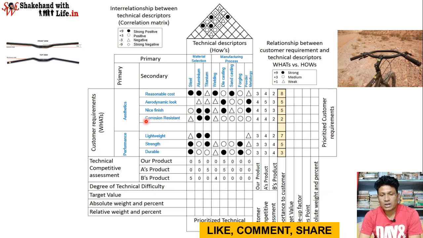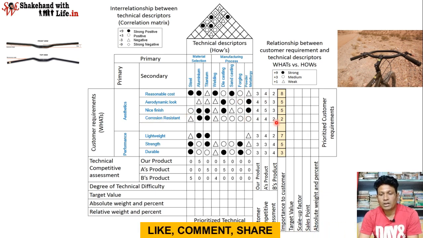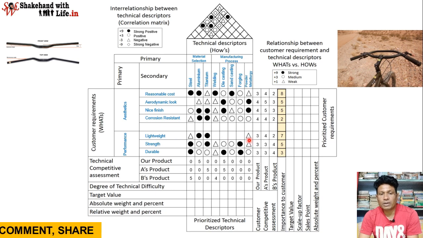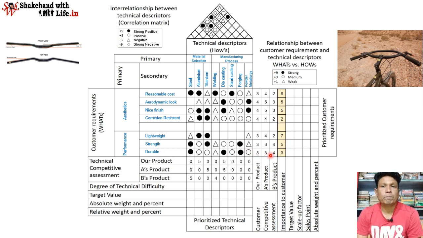Then corrosion resistant has a rating of 2, lightweight has a rating of 5, strength has a rating of 5, and durability has a rating of 3. Each customer requirement has a rating according to the importance to customer.